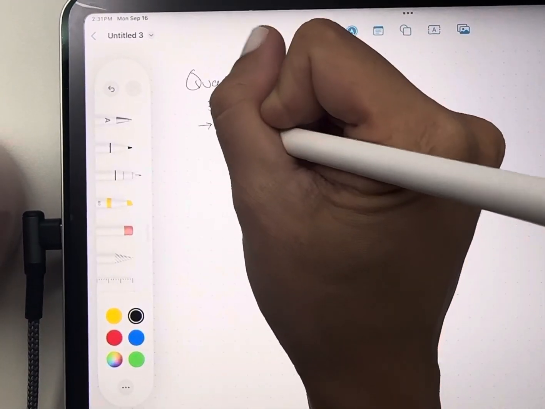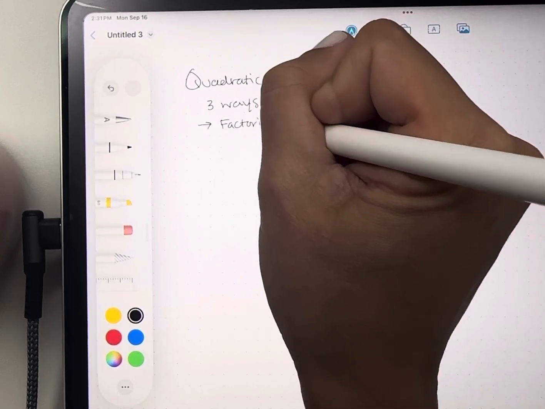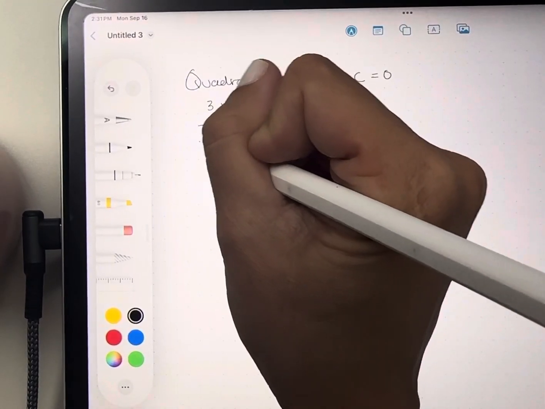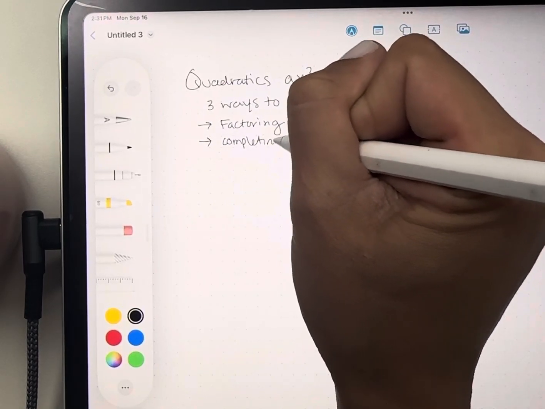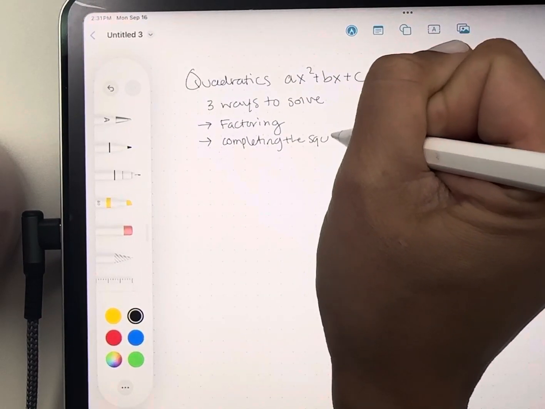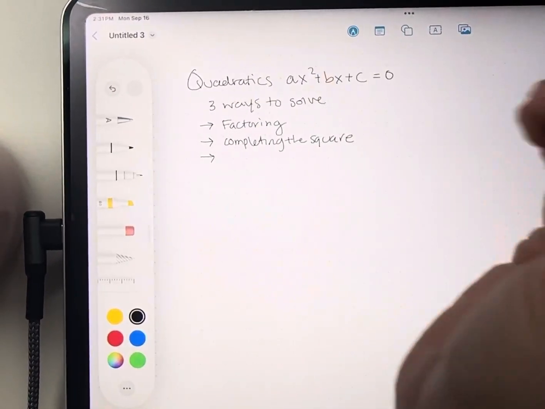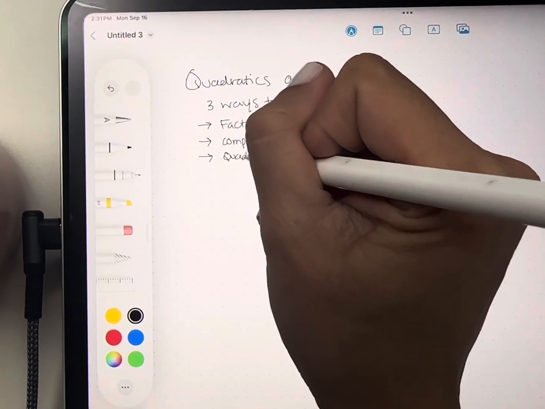So we've got factoring. When that works, that's my go-to. When that doesn't work, you can either do completing the square, or you can do quadratic formula.